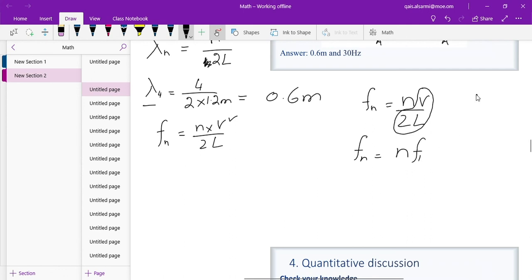If you remember, F1 was equal to V over 2L. So I have replaced the fundamental frequency in this equation.